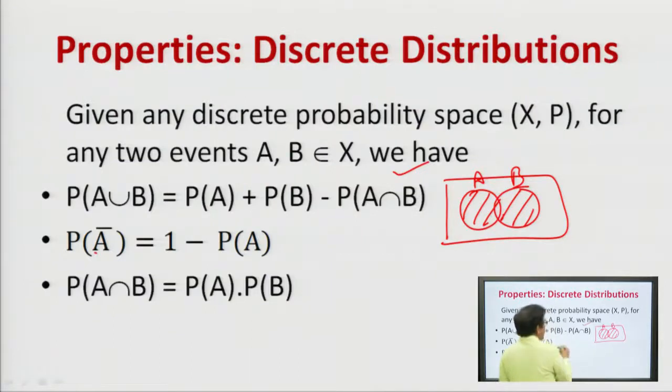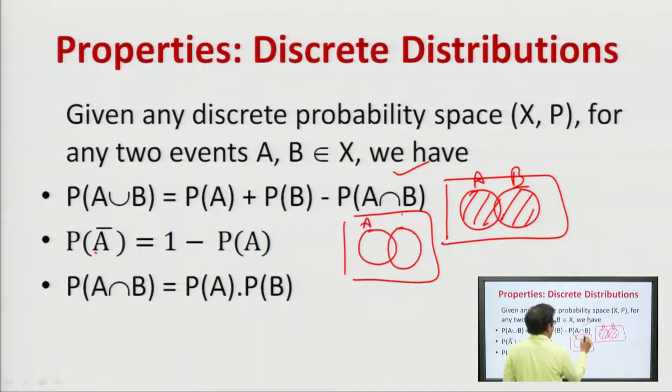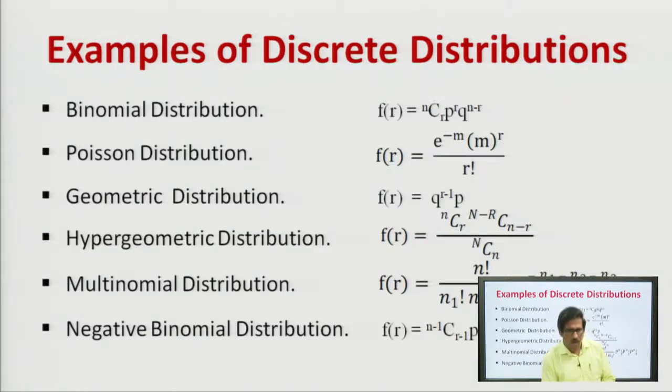If this is A and this is B, the complement means this particular region. And the probability of the intersection of A and B, for independent events, is probability of A multiplied by probability of B. This discrete distribution is very important because various cases in our life and neighborhood are applicable to these types of distributions.